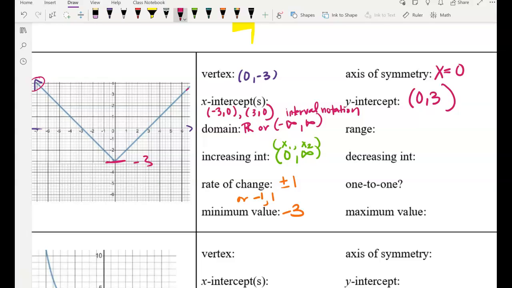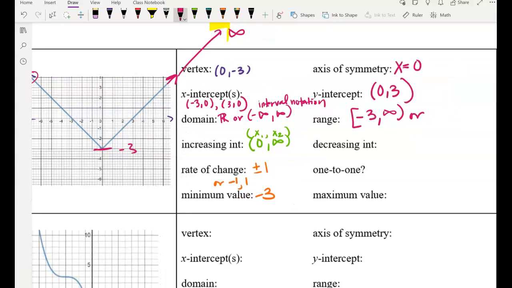And again, this arrow means it goes up forever. When you say up forever, that means it's infinity above us. So the range, the smallest number is -3, and the largest we don't know because it's infinity. So this is the interval notation. Now, when you write both ways, y is going to be greater than or equal to -3.